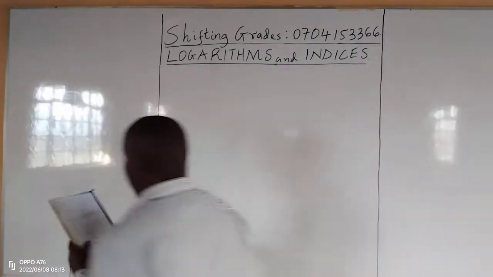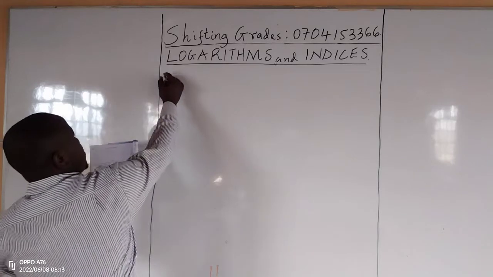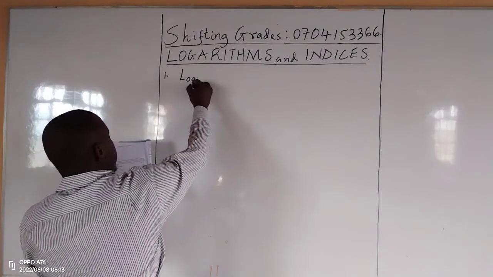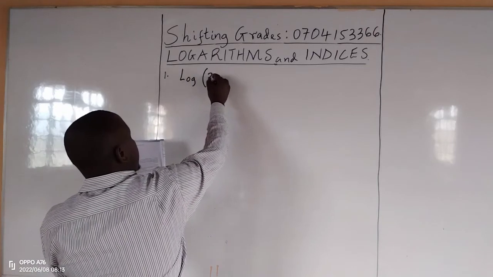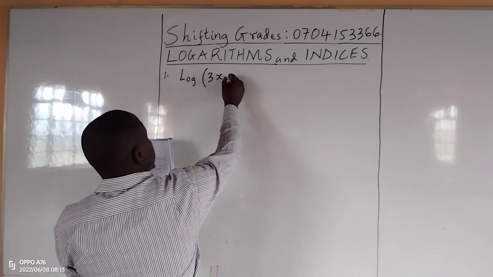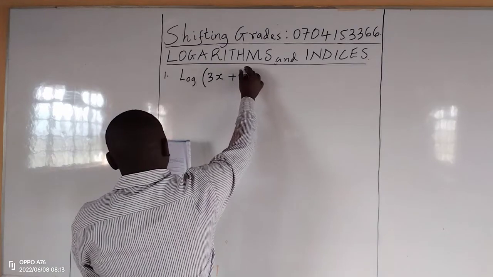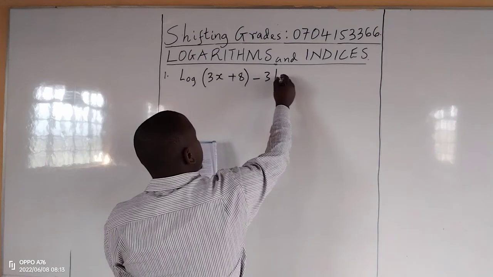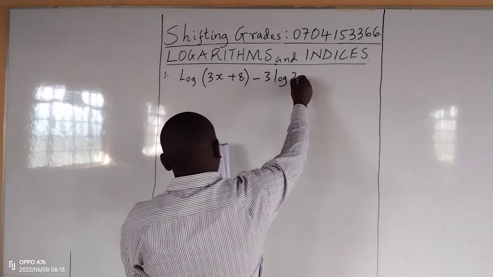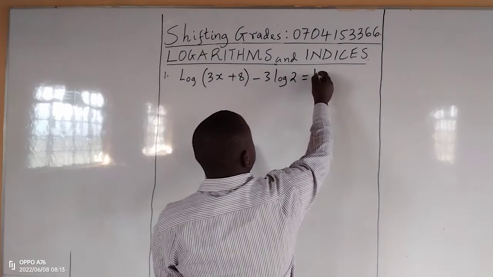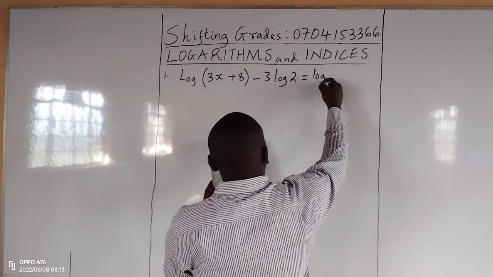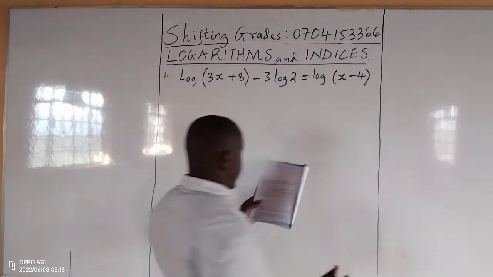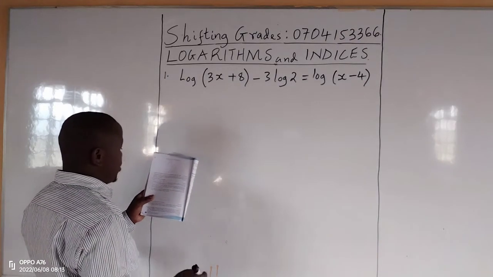So we start with a logarithm question. Number one, a question from logs, which says the log of 3x plus 8 minus 3, the log of 2 equals the logarithm of x less 4.